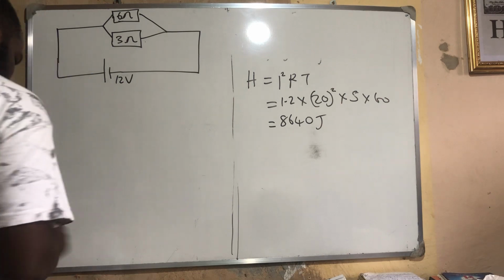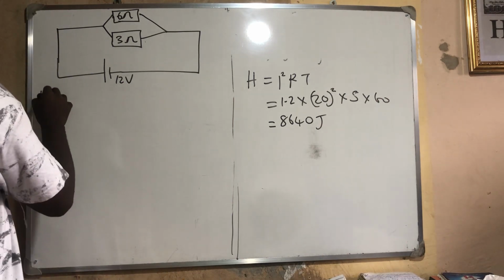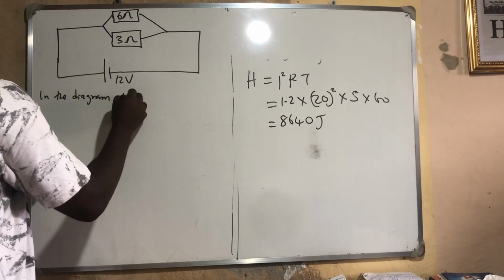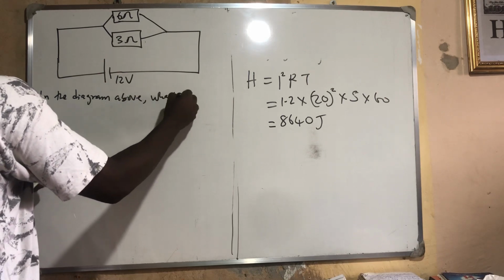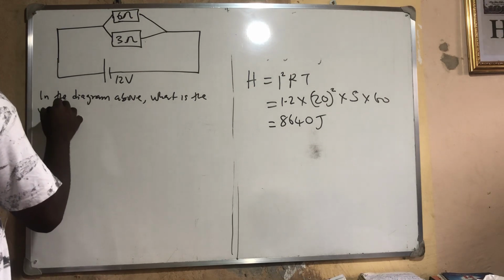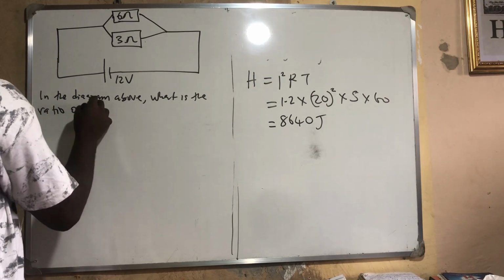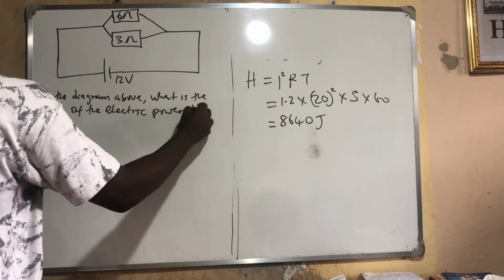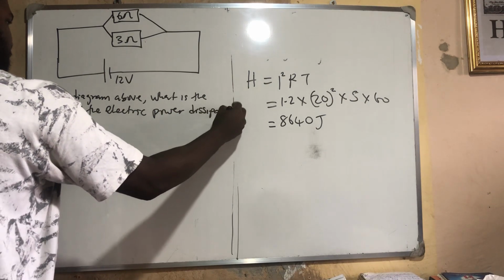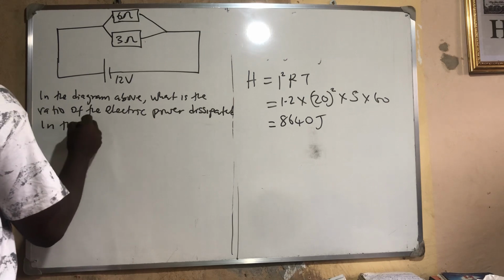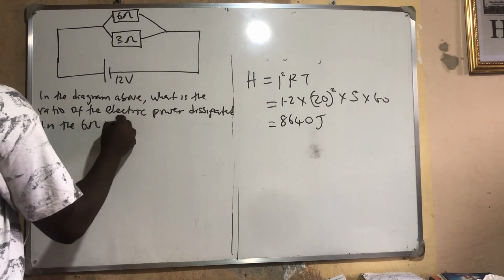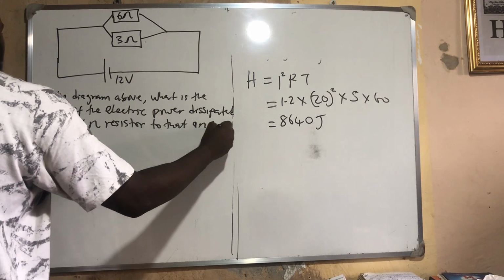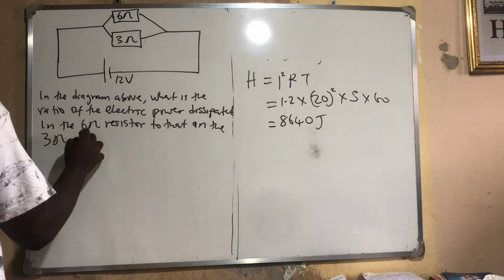So what do they say we should do? They say in the diagram above, what is the ratio of the electric power dissipated in the 6 ohm resistor to that in the 3 ohm resistor?